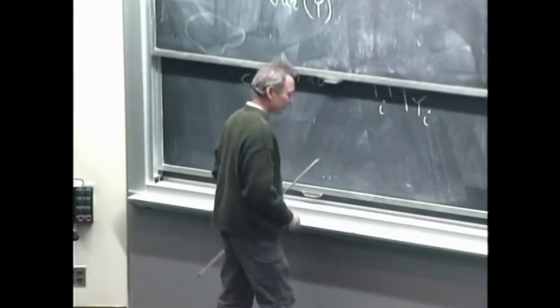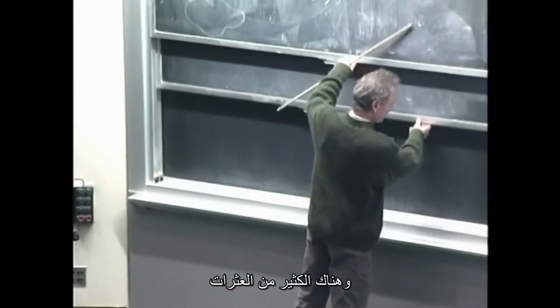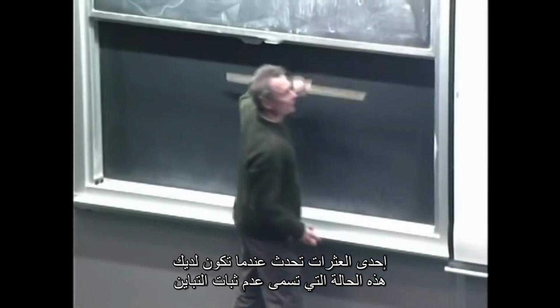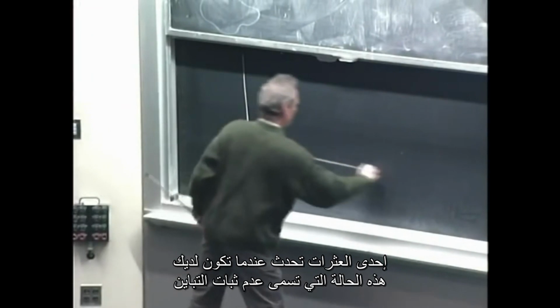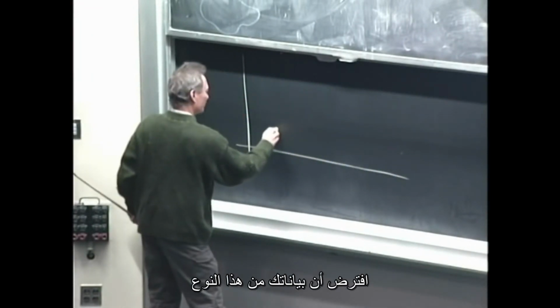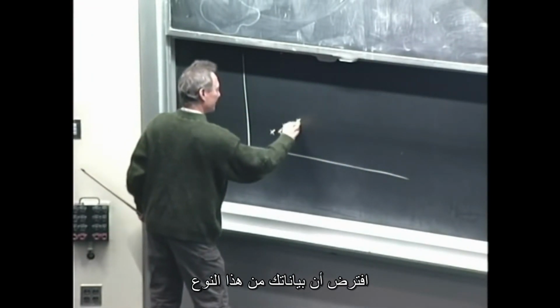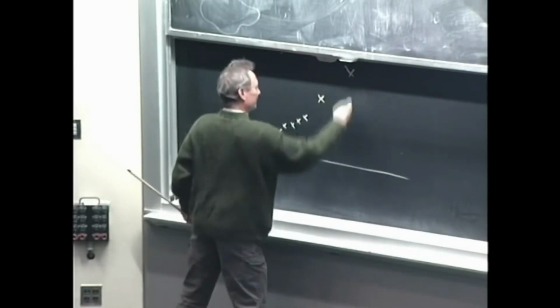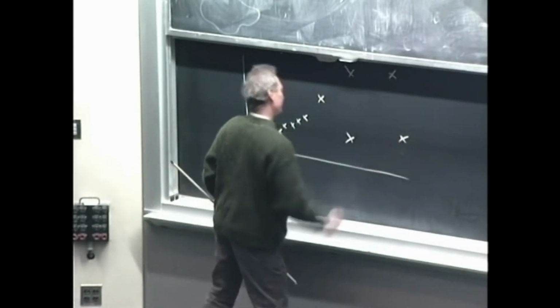Now, there are lots of things that can go wrong when you use linear regression, and there are many pitfalls. One pitfall happens when you have this situation that's called heteroskedasticity. So suppose your data are of this kind. Okay.